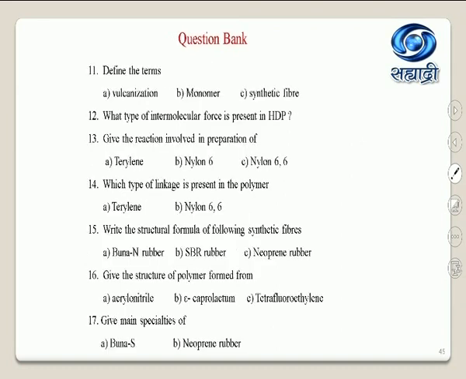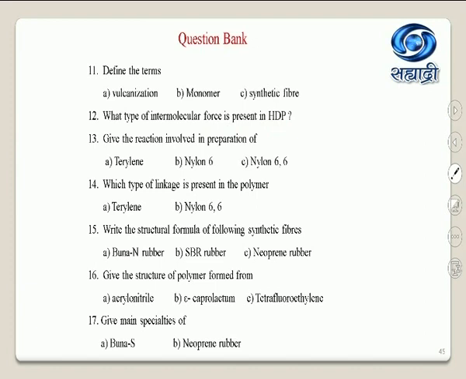There may be the question also, define the terms. That means different terms in this chapter we have studied, like vulcanization, monomer and synthetic fibers. So you have to write the proper definition of that term. Then what type of intermolecular force is present in HDP?